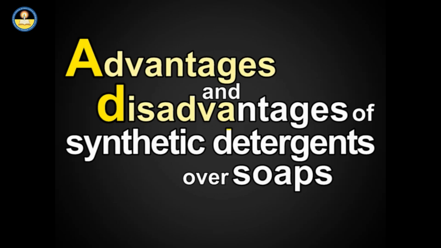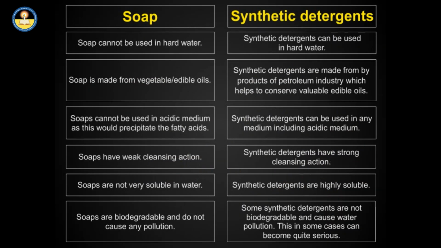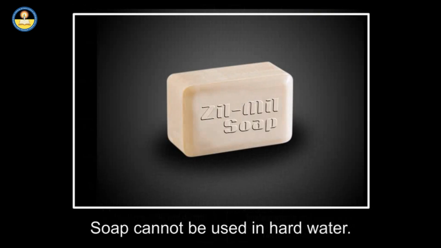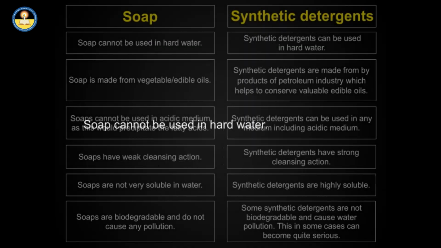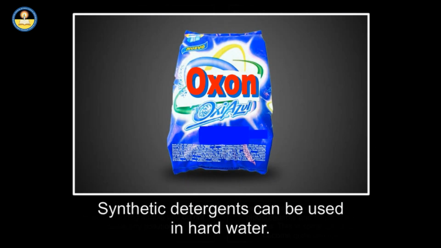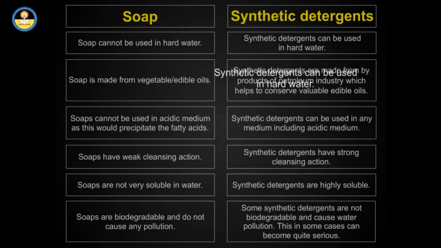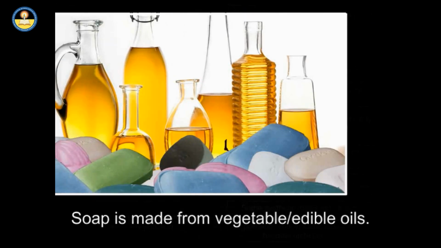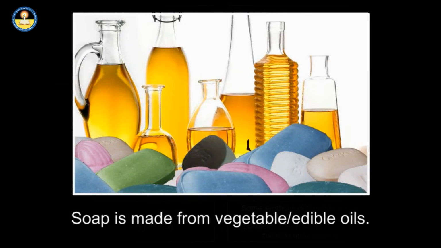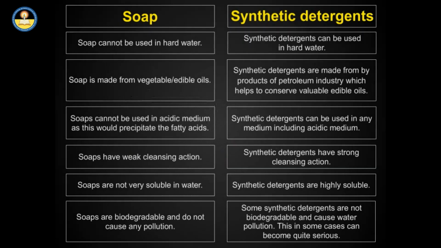Advantages and disadvantages of synthetic detergents over soaps. Soap cannot be used in hard water. Synthetic detergents can be used in hard water. Soap is made from vegetable or edible oils.